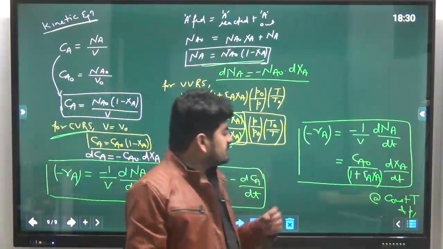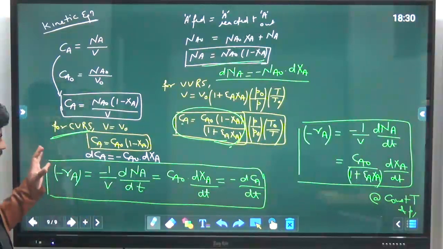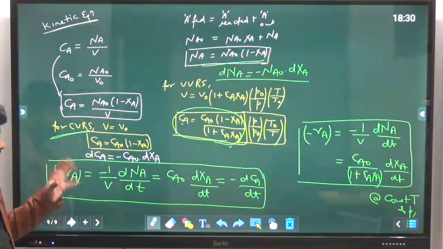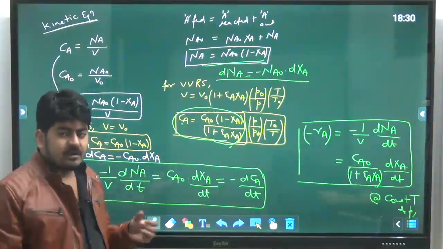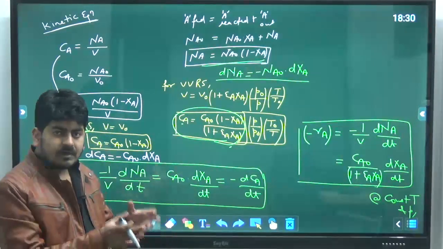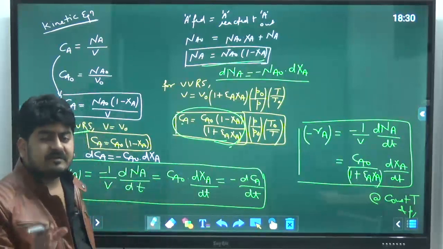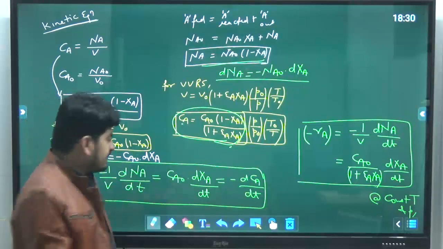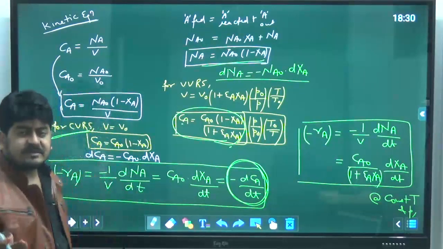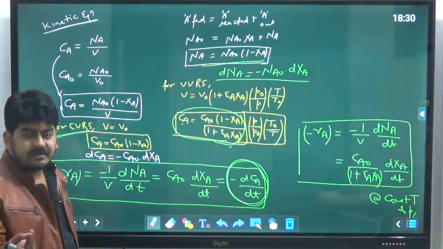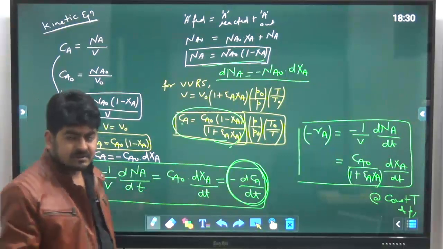Now one more thing here should be clear to all of you, and I'm telling based on my experience. Whenever you see a numerical, if it is in terms of constant volume reaction system, I will suggest you to solve that in terms of concentration only, because it will be easier and require very few calculation steps.